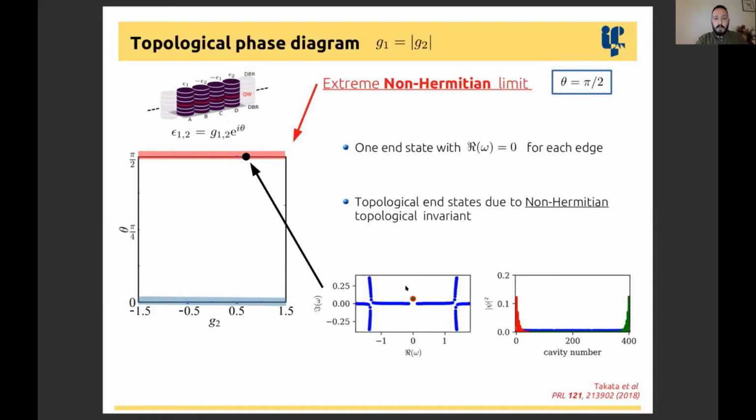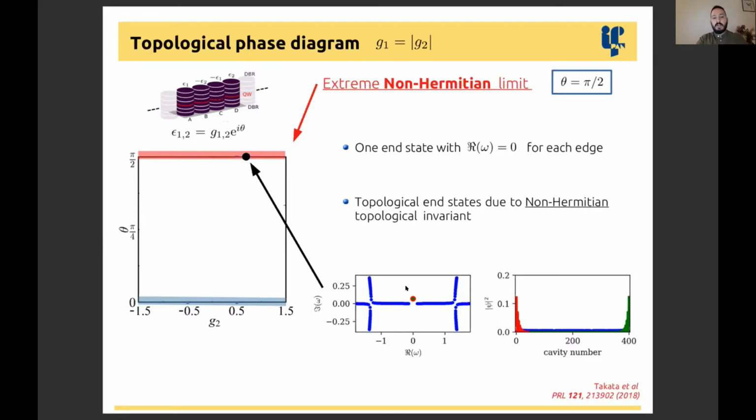So we can quickly show you this animation. Suppose we are in the Hermitian limit, where all the eigenvalues have zero imaginary part, and we turn on our theta, so we approach the non-Hermitian limit. We can see that the two edge states just lie within a complex gap, and they never touch the different bands.